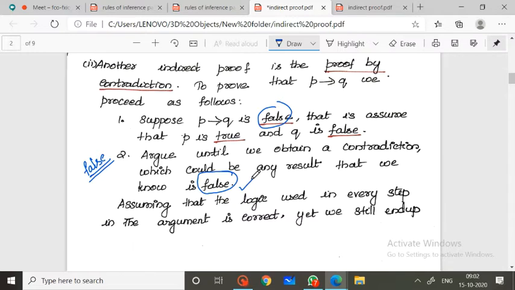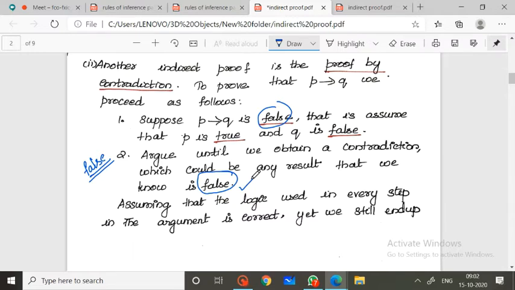But here, in the contradiction: suppose p implies q is false, assume that p is true and q is false. Argue until we obtain a contradiction. Till then you do the calculation, which could lead to any result that we know is false.